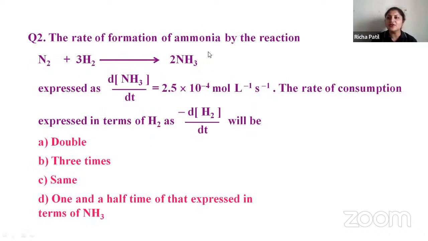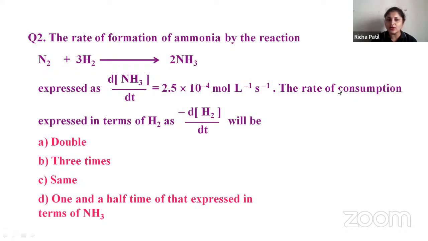The rate of formation of ammonia by the reaction N2 plus 3H2 giving 2NH3 is expressed as d[NH3]/dt equal to 2.5 times 10 raised to minus 4 moles per liter per second. The rate of consumption expressed in terms of H2, as minus d[H2]/dt, will be?